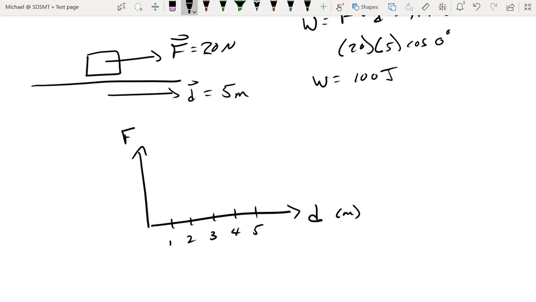And our force, well, our force is constant. It's 20 newtons. If I graph this, I'm just going to get a straight line. And that line, I drew it a little too far because we're only going out to 5 meters.